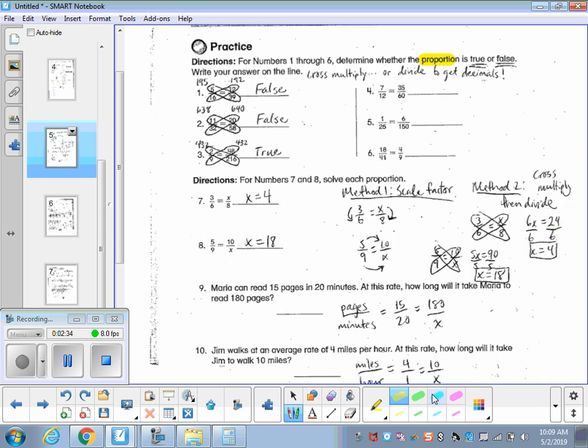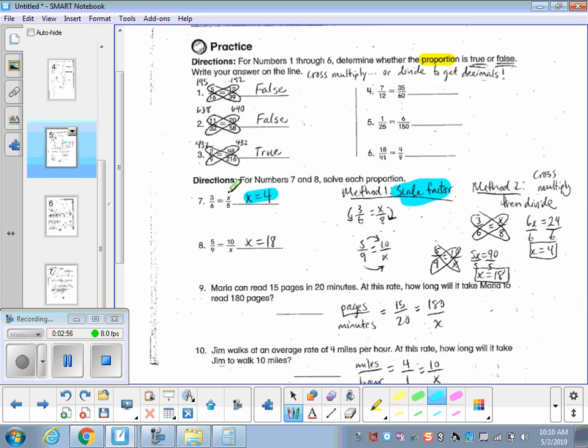Now, a lot of you wouldn't even need to cross multiply and divide. A lot of you could quickly catch the scale factor, and you can see that 3 would have to double to get 6. So 4 would be the answer that doubles to be 8. So it's up to you. You can use either the scale factor or just cross multiply and divide to solve for x.